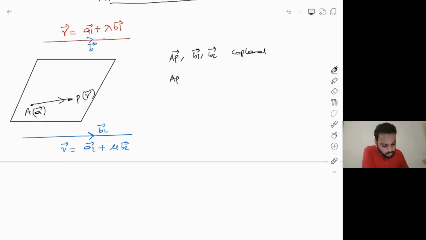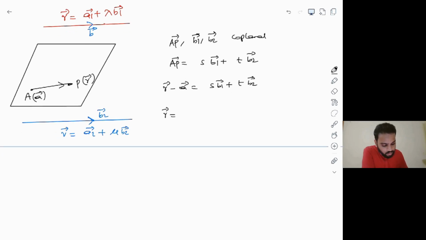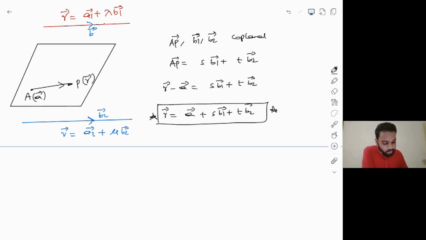So once again I can write AP bar is equal to S into B1 bar plus T into B2 bar. So finally AP bar is R bar minus A bar is equal to S into B1 bar plus T into B2 bar. So finally we get the vector form of the plane: R bar is equal to A bar plus S into B1 bar plus T into B2 bar. So this is the vector form of the plane in this case, where once again S, T are scalars.